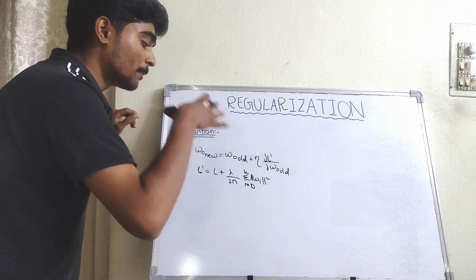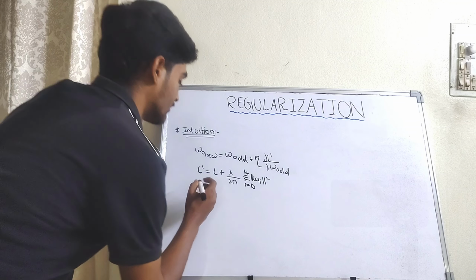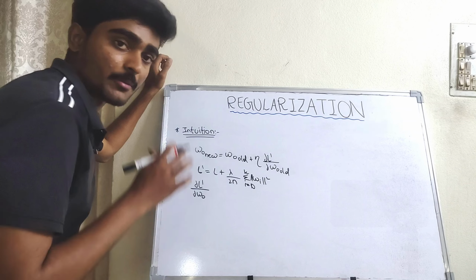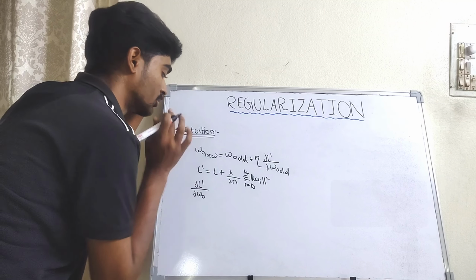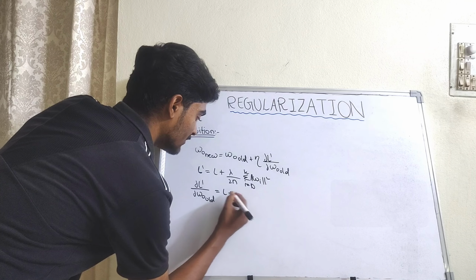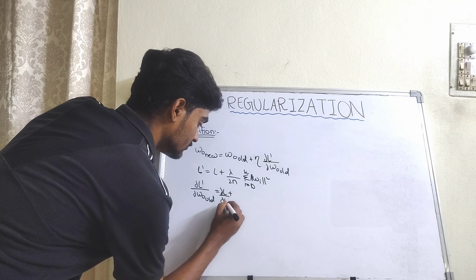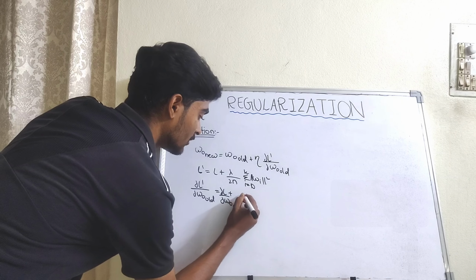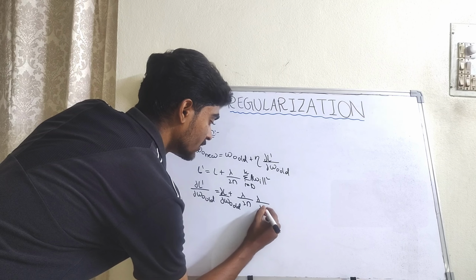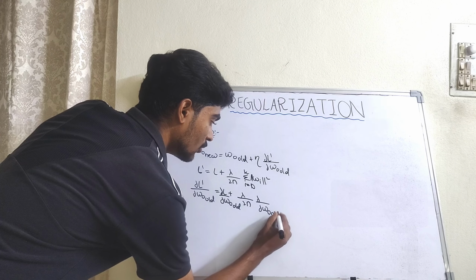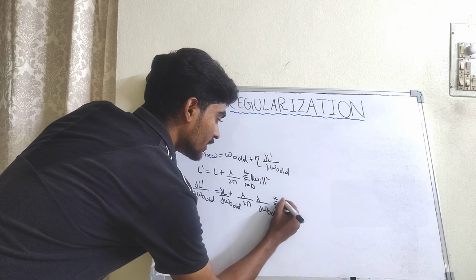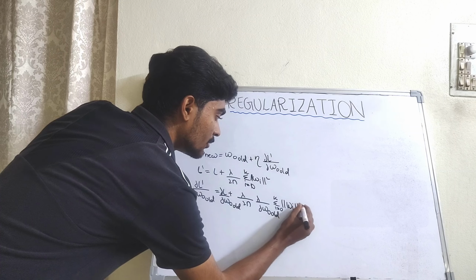Now let me do the partial differentiation for this loss, that is dou L dash with respect to w naught old, which is equal to dou L by dou w naught old plus lambda by 2n dou by dou w naught old summation of i is equal to 0 to k modulus of wi whole square.